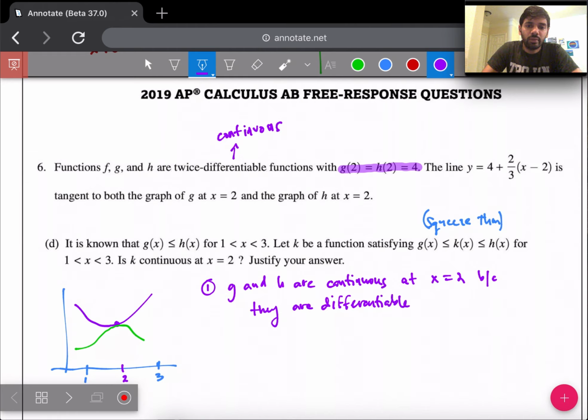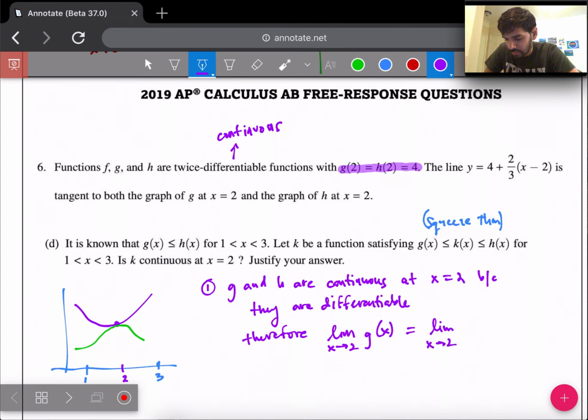Okay, so now we've shown that g and h are continuous. And now connecting that with this idea right here, that the value at x equals 2 is equal to 4, I can also say that therefore the limit as x approaches 2 of g of x is equal to the limit as x approaches 2 of h of x.